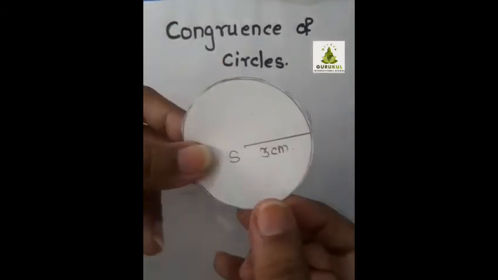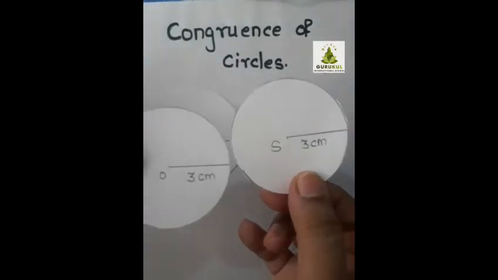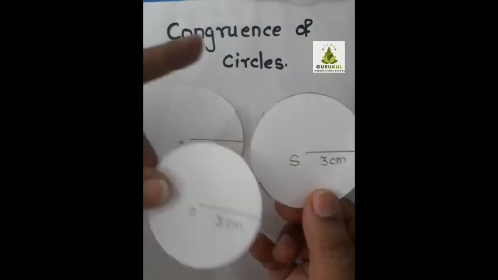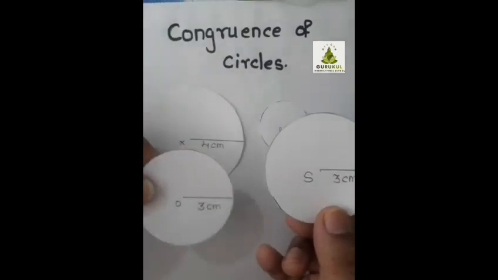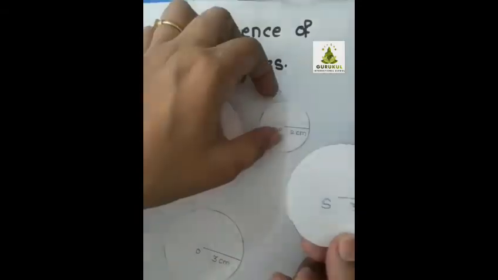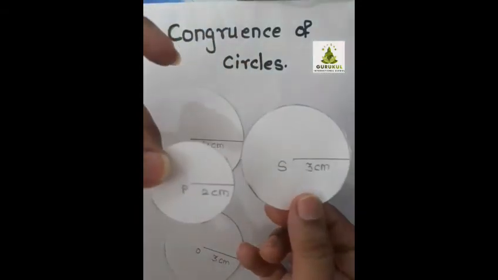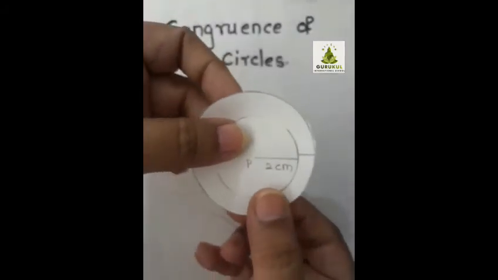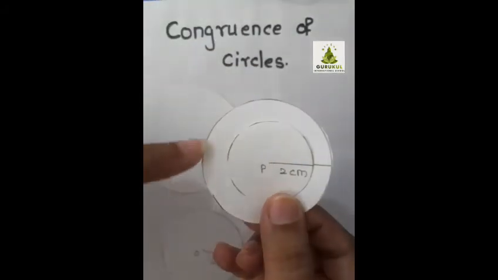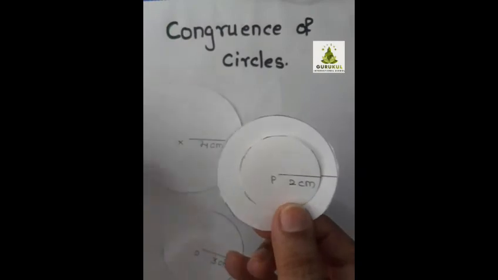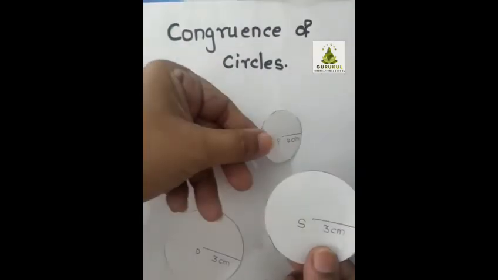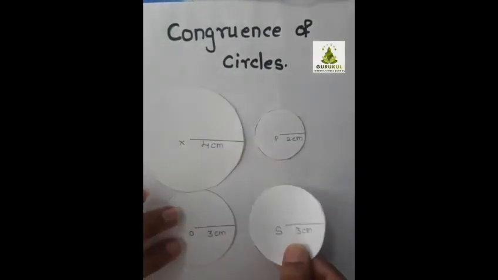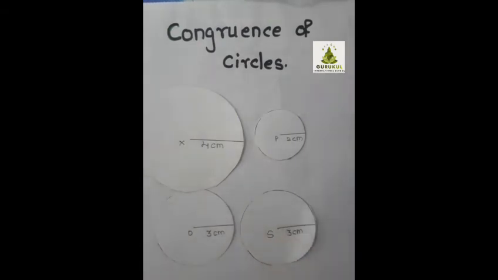We can say these 2 circles with the same radius 3 centimeters are congruent circles. Again you try the same thing with the circle of 3 centimeters and 2 centimeters. Place them on each other, you can see they are not coinciding. So these 2 circles are not congruent circles. So this was the activity about the congruence of circles.